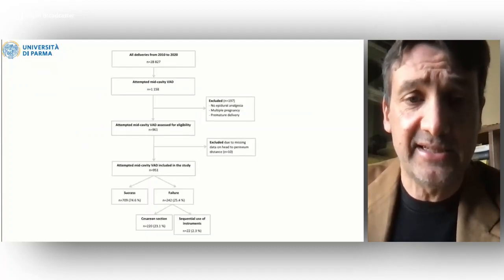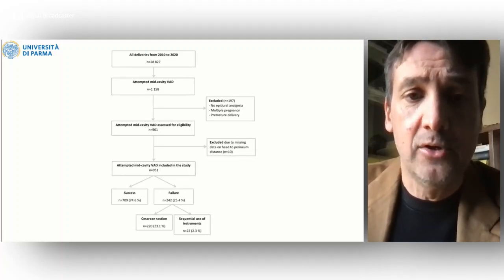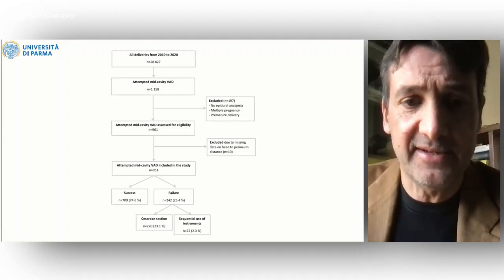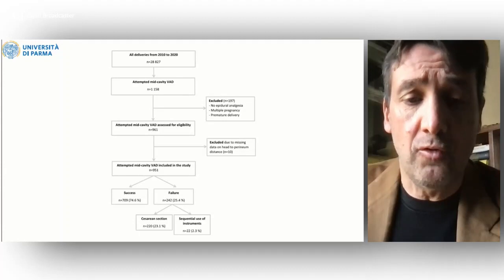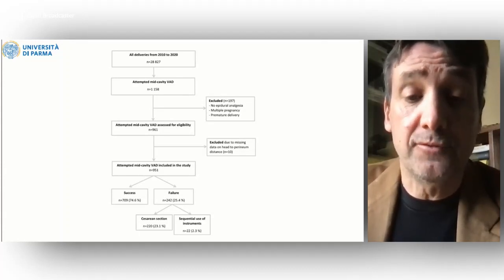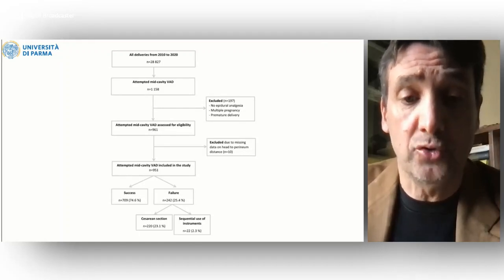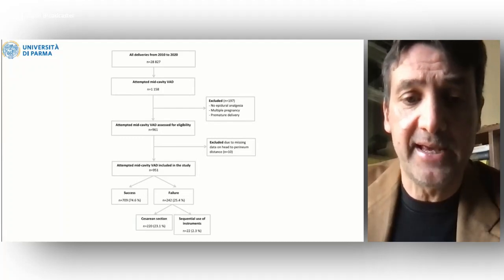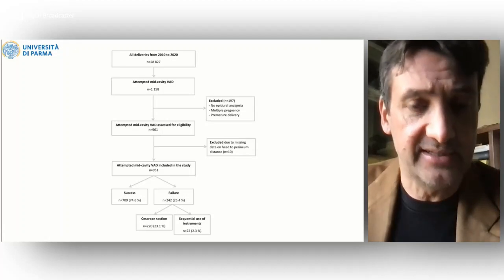It's a very large study, maybe the largest published so far, with almost 1,000 women recruited. They underwent mid-cavity vacuum-assisted delivery, and just before delivery, the head-perineum distance was measured. There was a failure rate of about 25%, which is not low, but it is a study with vacuum. So this may explain this relatively high rate for a difficult type of instrumental vaginal delivery.